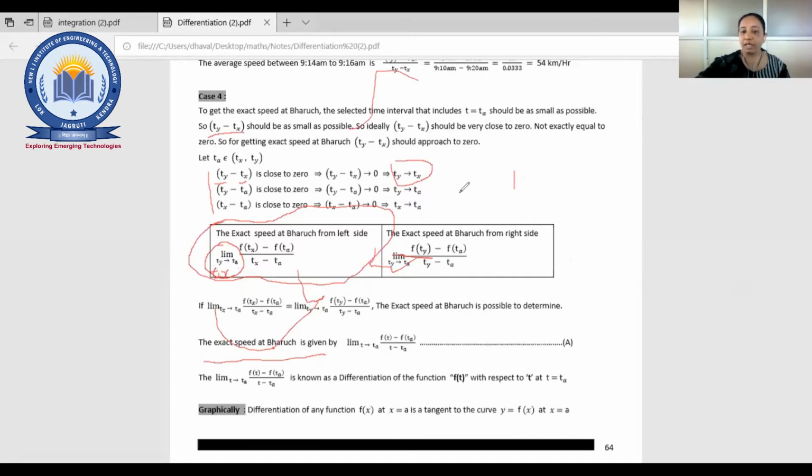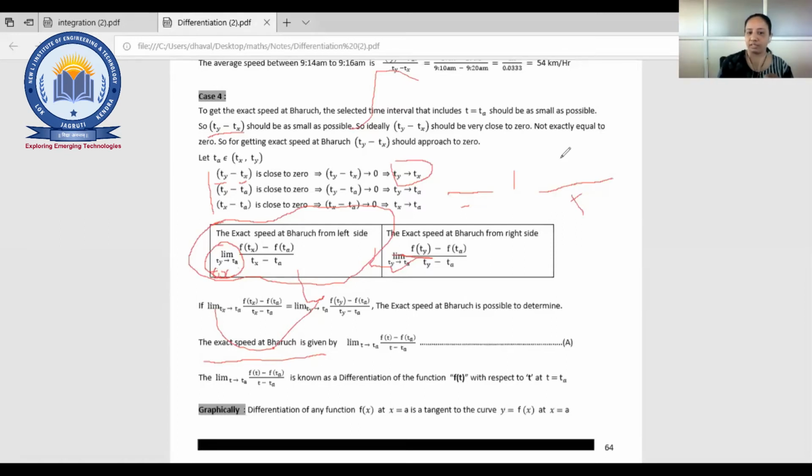You can either go from the left side or from the right side. Fine. So on this side you have a minus value and on this side you have the plus value, right? So we can say left hand limit and right hand limit. That means you can reach a particular point from both sides.